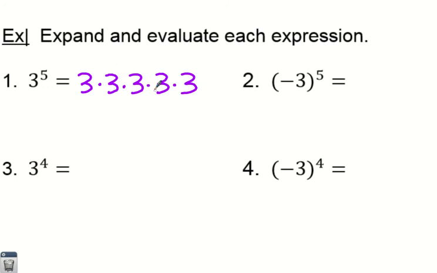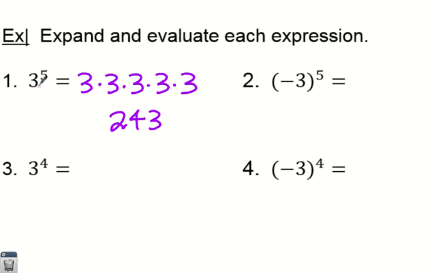Let's actually do it. You're going to get 243 when you do 3 times 3 times 3 times 3 times 3, or just on your calculator do 3 caret 5, and you get 243.